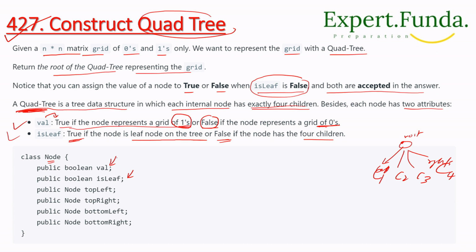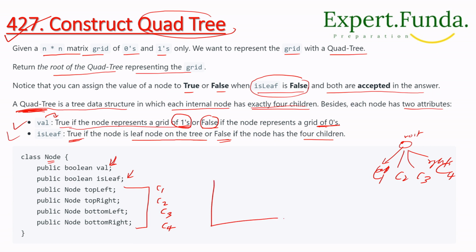We assign isLeaf true if it is a leaf node, and false if it has four children. Otherwise, there will be four children nodes: C1, C2, C3, C4, which are top left, top right, bottom right, and bottom left.